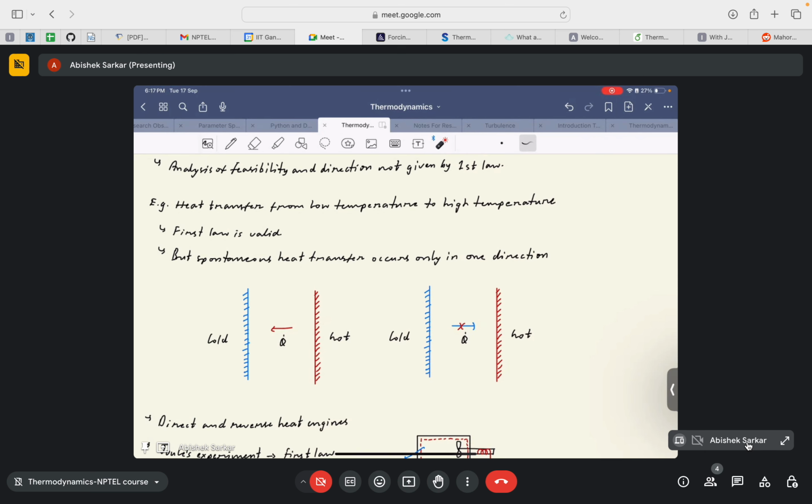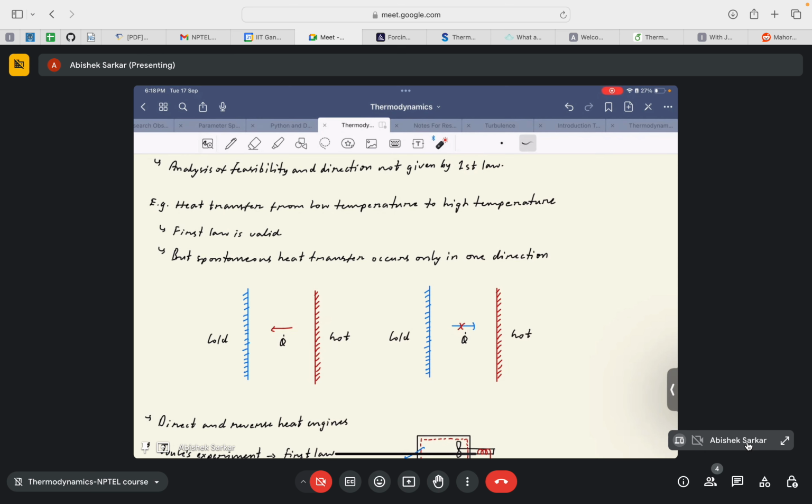So in that case, we take out the heat from the already cool region within the refrigerator and expel it to the atmosphere. So there are scenarios where we can observe heat transfer from a colder region to a hotter region.